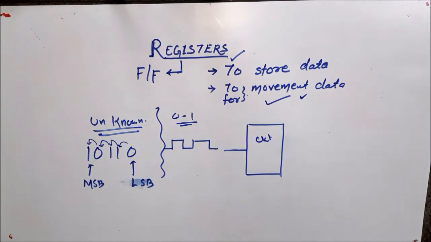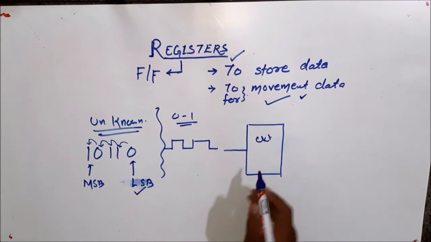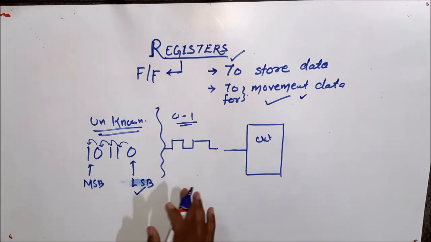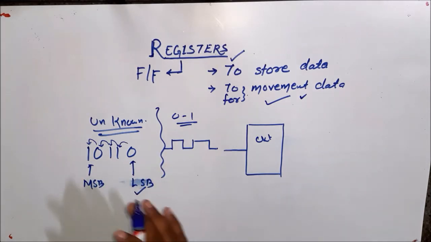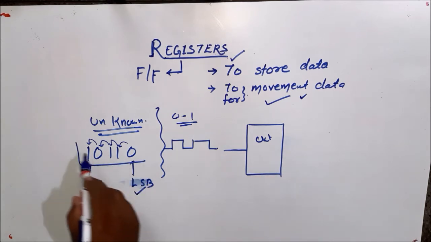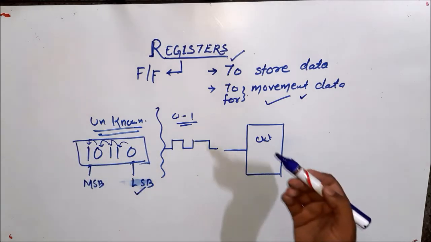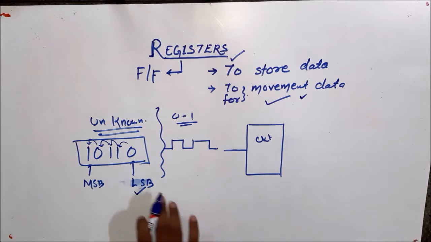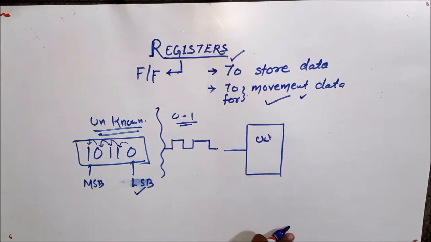That means for serial communication, first the LSB goes into the destination, followed by the next bit and the next bit, and at last the MSB goes into the circuit. So this is data movement. That means previously data was stored in some place, and after some time another place needs the same data, and the same data is flowing through a line or a bunch of lines. That is called data movement.